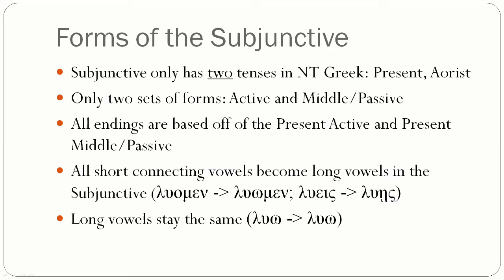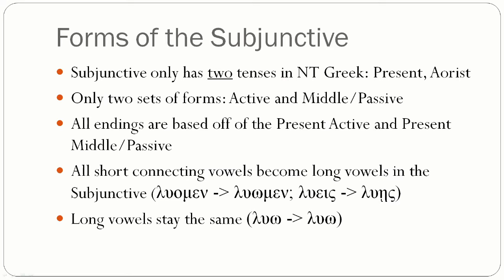All right, so that's going to be a general principle of these subjunctive endings. One tip that tells you that a verb is subjunctive is the presence of that long vowel at the beginning of the verb ending there. Now, some of these forms don't actually change anything. Your first person singular, luo, that's an omega, so it's already a long vowel, so it just stays omega.